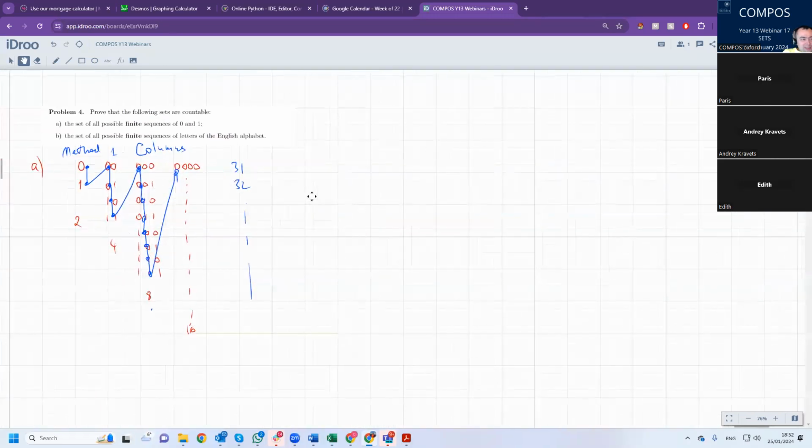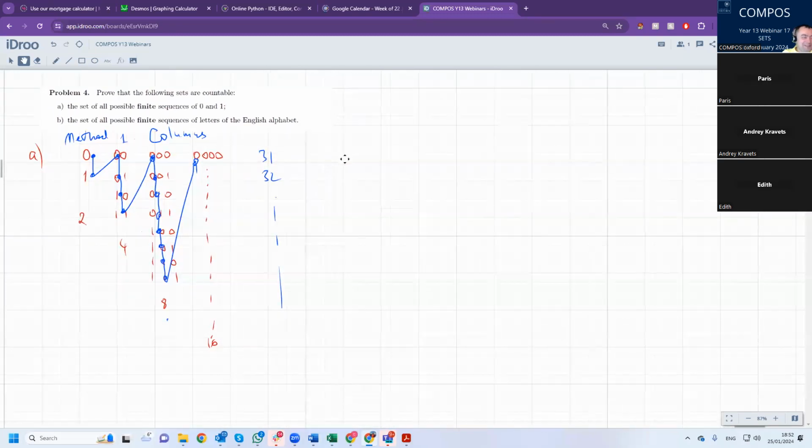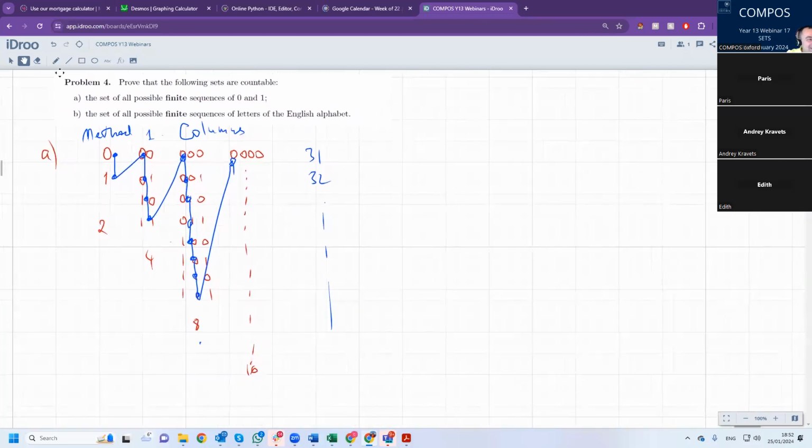Method 2, I just invented it today, a couple of hours ago. I just like thinking, how can you do it in a different way? Well, if you take all the sequences of zeros and ones, so let's write them down: 0, 1, 00, 01, 10, 11, 000. What does this remind you of vaguely?